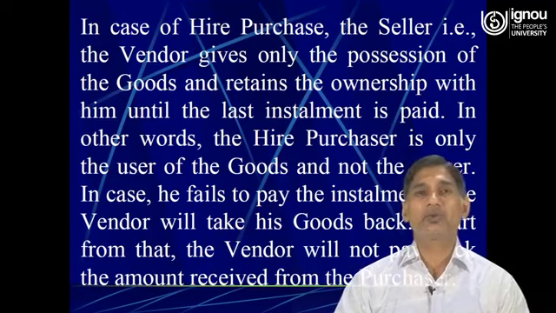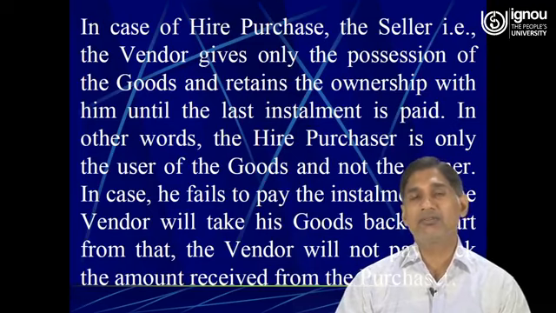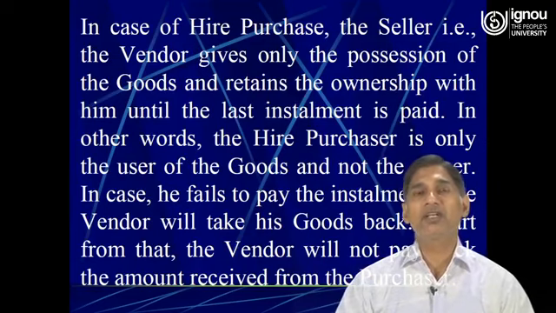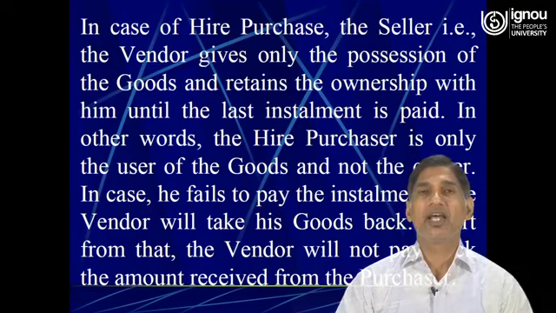I would like to advise my learners that they must remember this is the main difference between hire purchase system and installment payment system, that under hire purchase system the seller or the vendor only gives the physical possession of the goods and retains the ownership of the goods till the time the last installment is successfully paid by the buyer.